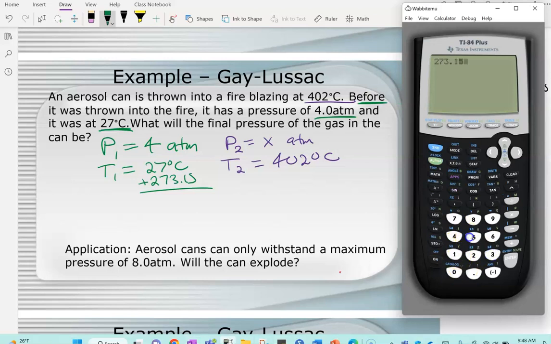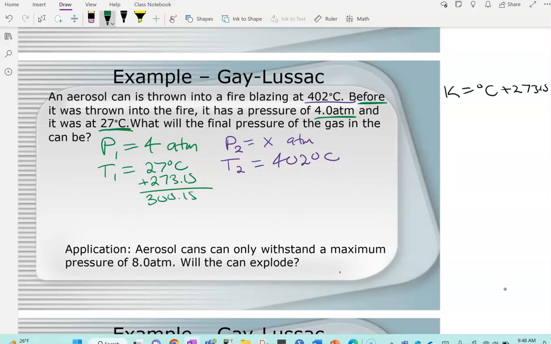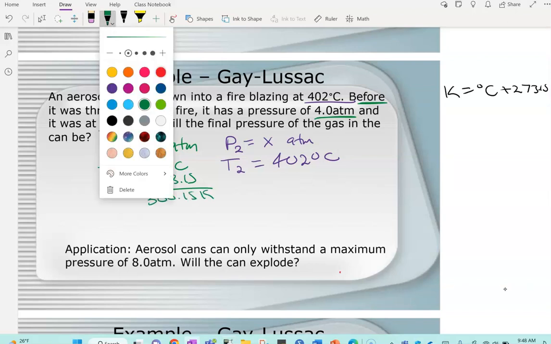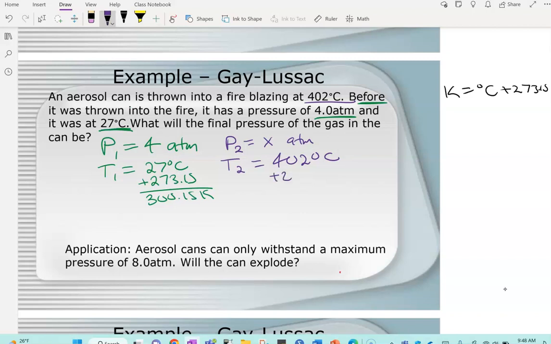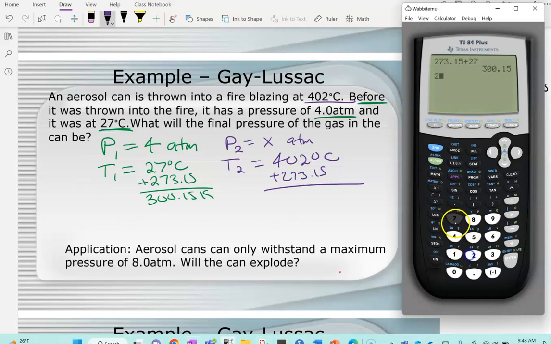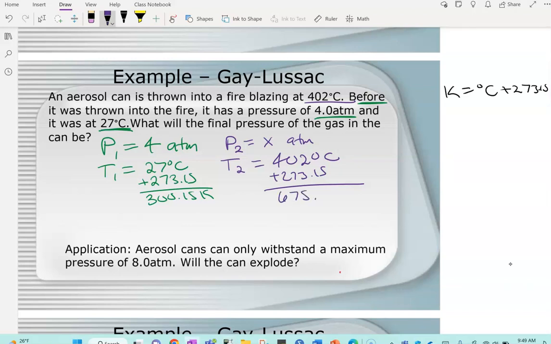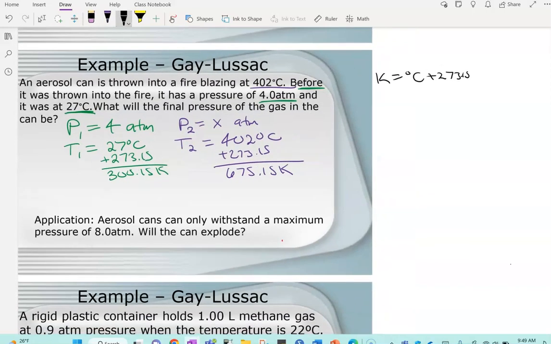So you're going to be doing this quite a lot. 273.15 plus 27 is 300.15 Kelvin. And then 273.15 plus 402 is 675.15 Kelvin.